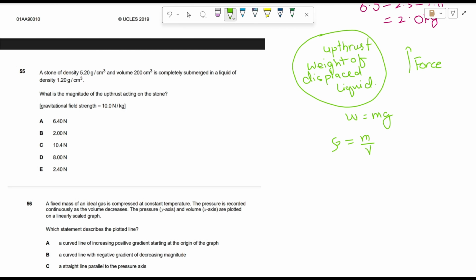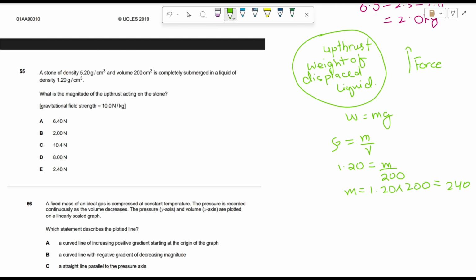Density is 5.20. I'm sorry, the liquid density is 1.20. So density 1.20 equals mass, which we don't know, divided by volume, which is 200 centimeter cube. For finding the mass, 1.2 into 200, the mass comes out to be 240.